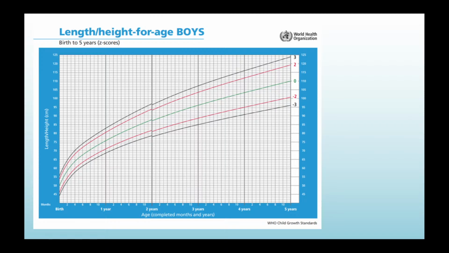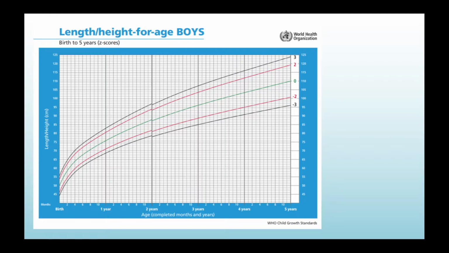In the relationship between age and height, we have lines for normal parameters.